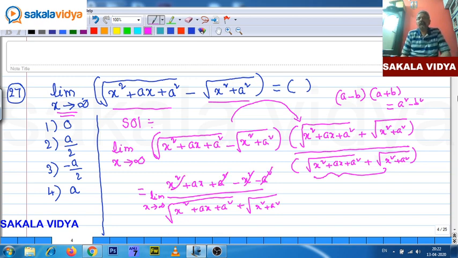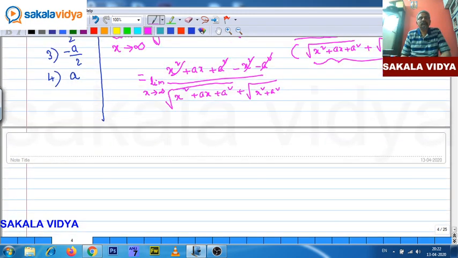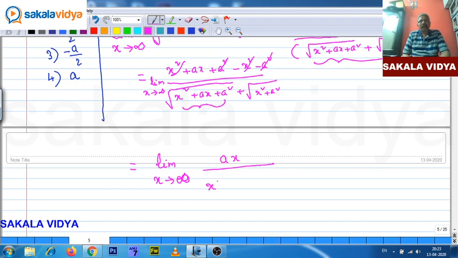So this equals limit x tends to infinity of ax upon, in this one take out x square common, root of x square times 1 plus a by x plus a square by x square, plus, here also take out x square common, root of x square times 1 plus a square by x square.